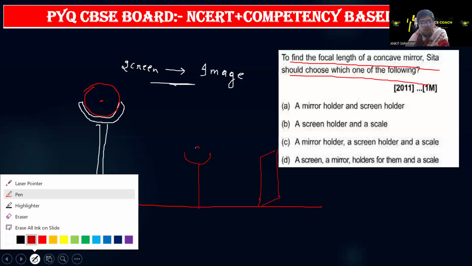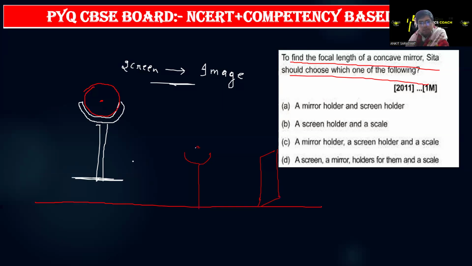Clear. Now the object is placed on the left. The object is here. It may be pointed or like this, any object. Okay, it's just like an object. This is the object. This is the lens holder.